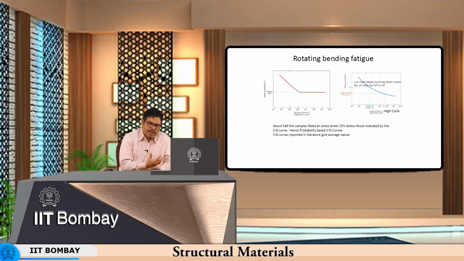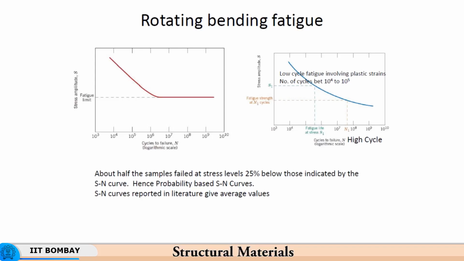It might get permanently arrested, and therefore the sample can withstand those fluctuating loads for an infinite number of cycles, forever. This is understandable because I told you that for a crack to propagate, you need a certain amount of strain energy to overcome the surface energy that is required to propagate a crack.